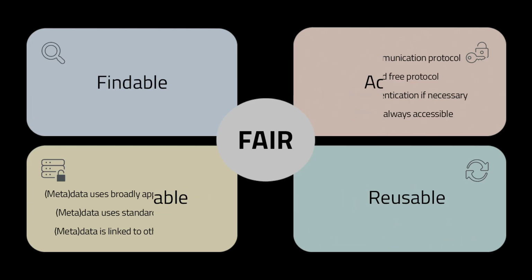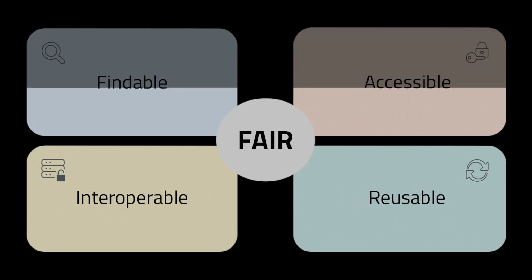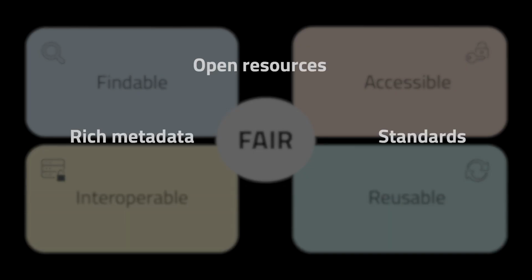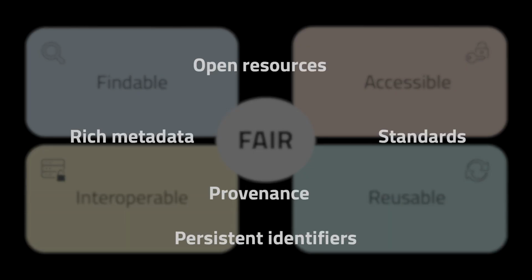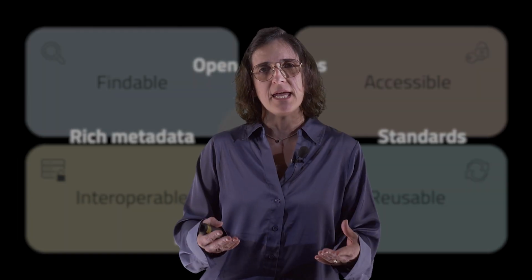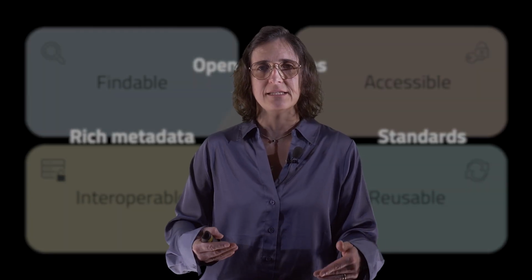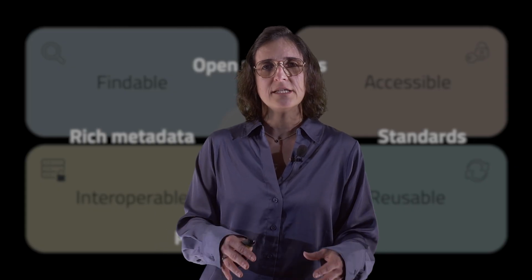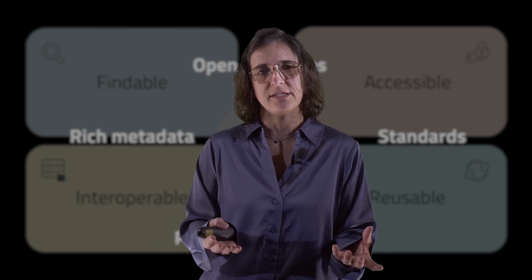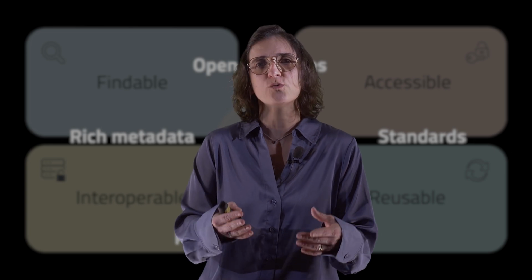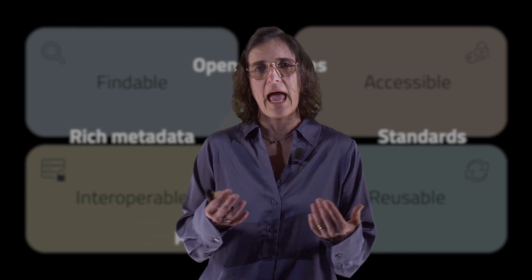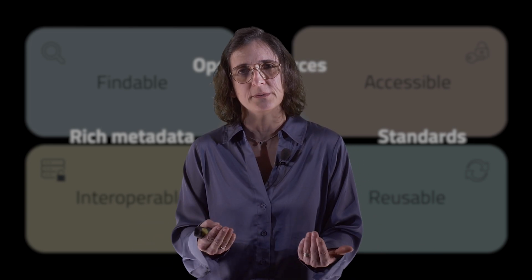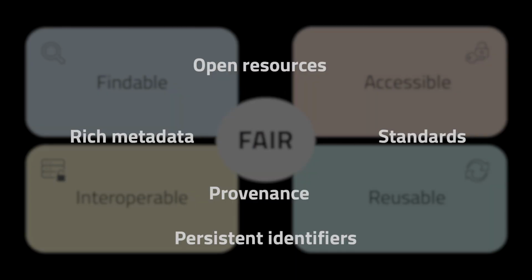From these principles, from the FAIR principles, there are a few terms that pop up and that we can see are very important. One of them is open resources. So data needs to be made, together with its metadata, accessible in open resources. Then the description around the data needs to be as rich as possible, so that everyone has the information they need to interpret it. Provenance is very important.